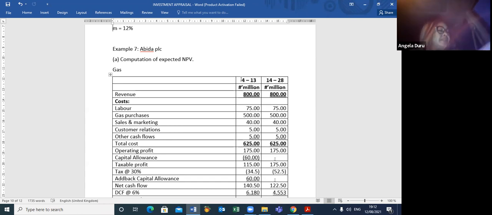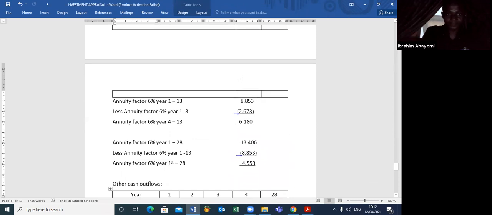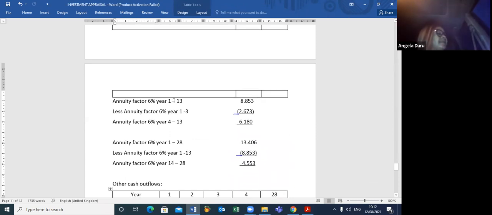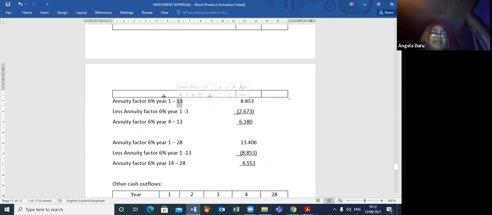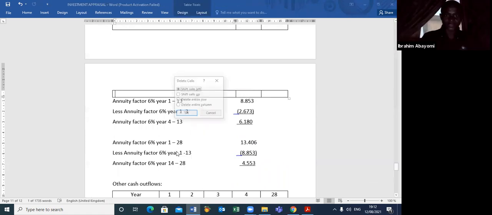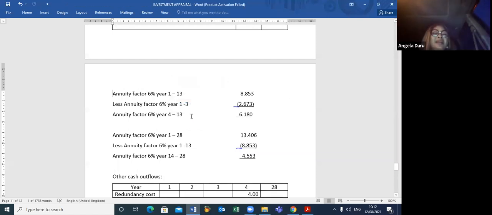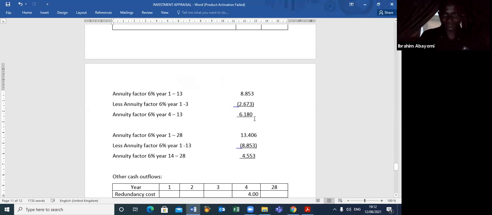This cash flow, this one you did. You said PV of year 4 to 13. How did you compute it? You first compute year 1 to 13, then you subtract the 3 years from it.